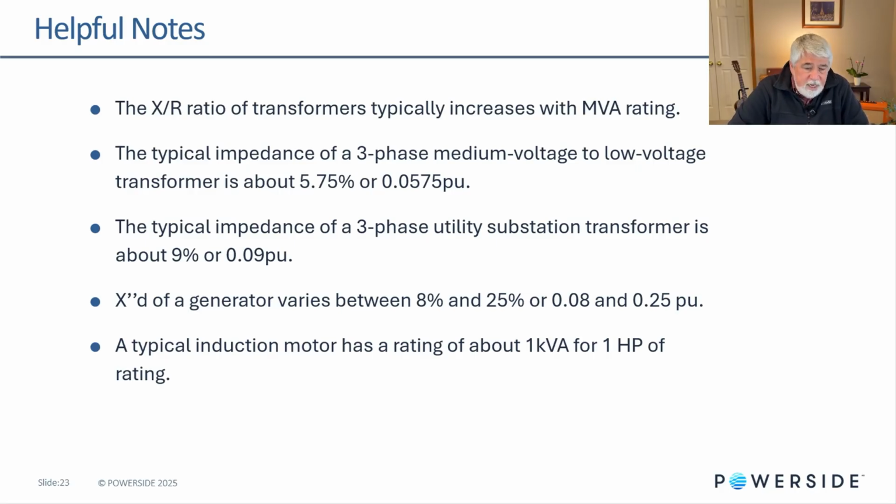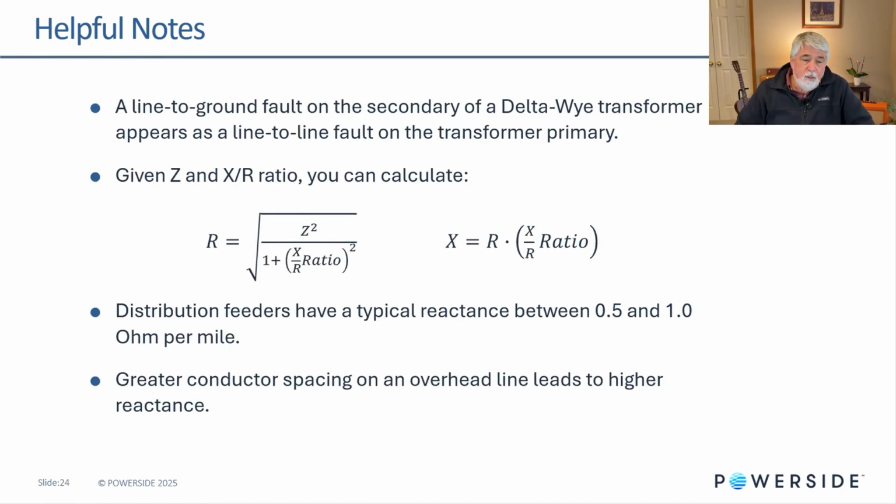The typical impedance of a 3-phase medium voltage to low voltage transformer is about 5.75%. The typical impedance of a 3-phase utility substation transformer is about 9%. X double prime D of a generator varies between 8 and 25%, and a typical induction motor has a rating of about 1 kVA for 1 horsepower of rating.